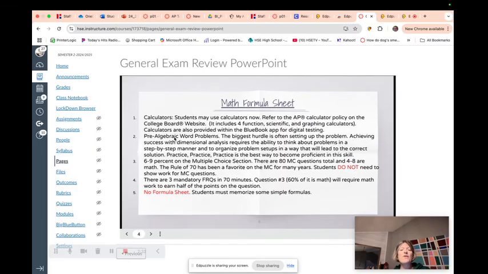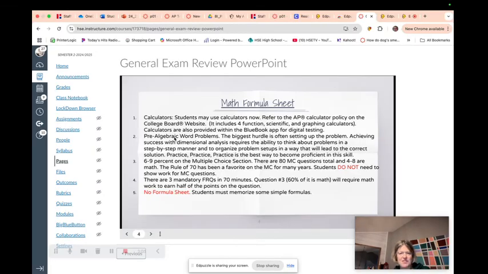Okay, so for APES, they want you to be able to do pre-algebraic word problems. This is often a struggle for a lot of people because it's math that is similar to what you would have done in eighth or ninth grade. But the biggest hurdle in APES for this type of math is just setting up the problem itself.